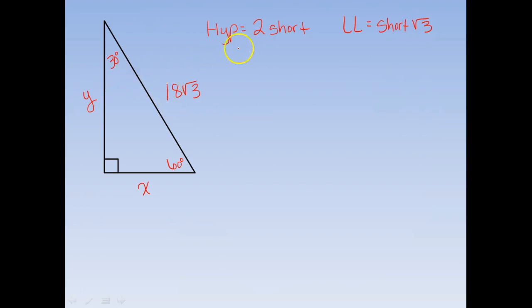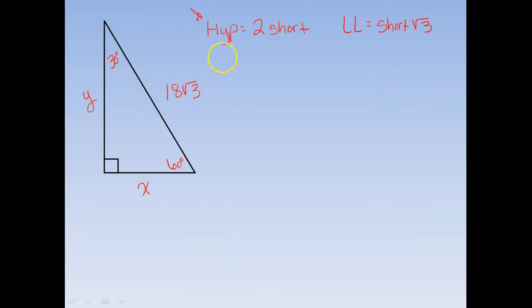Now, I usually just use S, but we tend to get that mixed up with a 5, so I don't do that. But we have hypotenuse equals 2 times the short leg. All right, so we are given the hypotenuse if you look at the triangle. So let's use this formula. You can only work with what you're given.